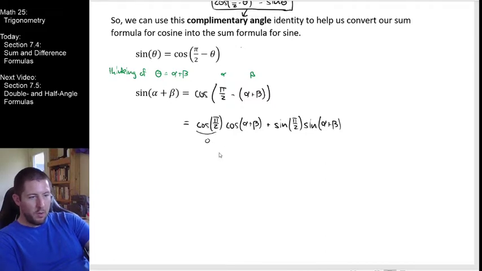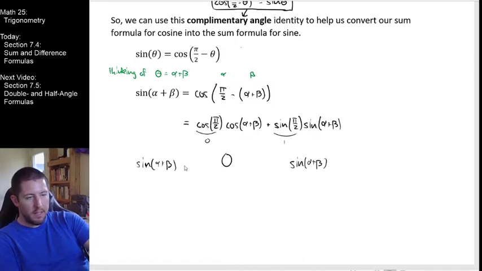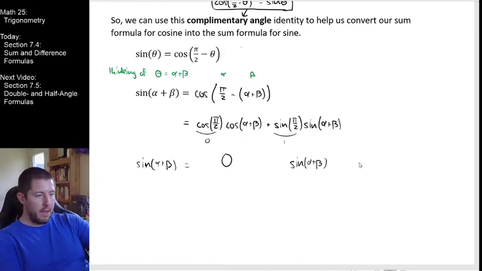This is 0, so we're getting 0 from this contribution. This is 1, so we're getting sine of alpha plus beta. And it looks like sine of alpha plus beta is equal to, oh my gosh, sine of alpha plus beta. This didn't help. Let's do it the right way.